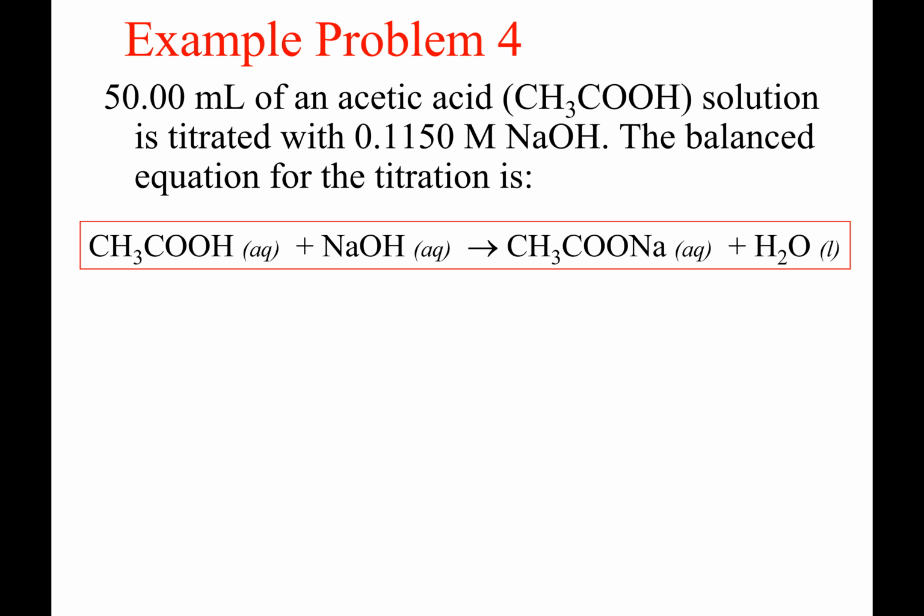So this says we grab a 50 milliliter pipette and use it to get 50.00 milliliters of CH3COOH, acetic acid, as our analyte. And we're going to titrate it with NaOH. Specifically, we know the molarity, 0.1150 molar.